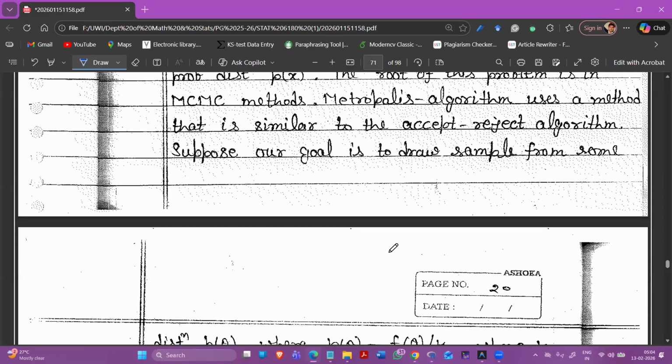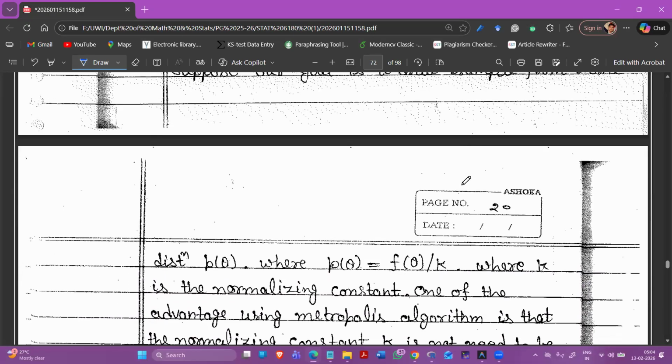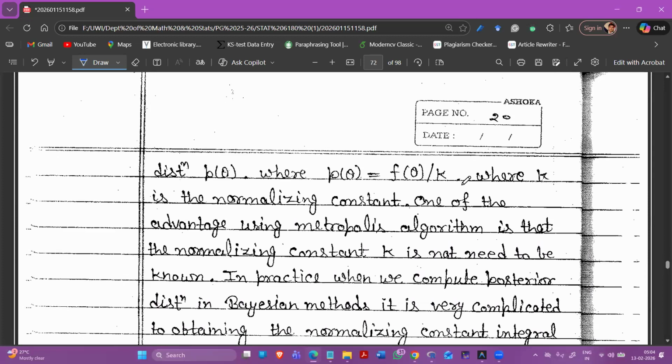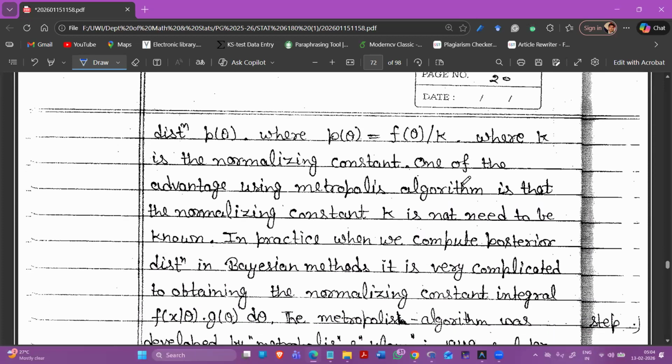It is quite similar. But suppose our goal is to draw a sample from some distribution p(theta), where p(theta) is equal to f(theta) divided by k, where k is the normalizing constant. Okay, we were not using any kind of normalizing constant earlier, neither in accept-reject, nor in Monte Carlo integration, nor in importance sampling.